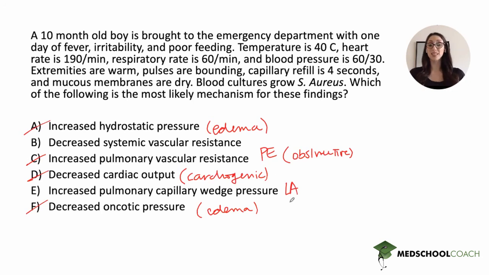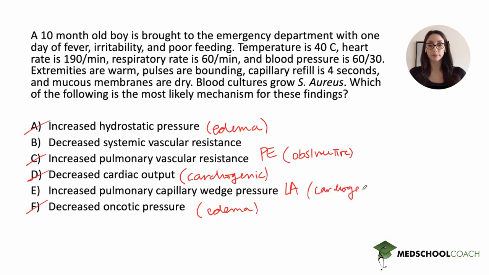So again, answer choice E would be correct potentially in the setting of cardiogenic shock, but it's not relevant in the setting of septic shock. In septic shock, this pressure would not be elevated because there's no problem with the pump itself. So I'm going to put cardiogenic here.